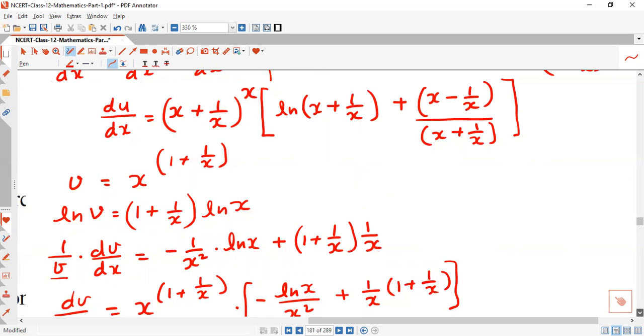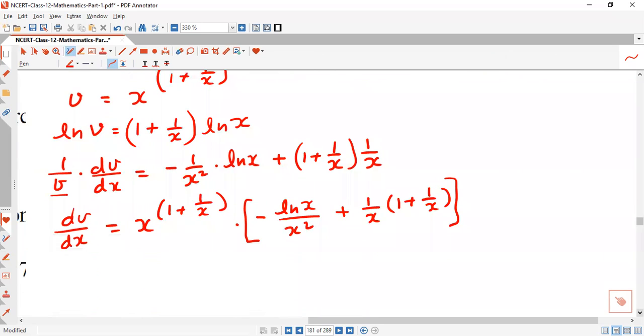right? If we combine this term x square with this one, take the x square, open these terms first. This x square is there, this x power is there. So I take this x square to the upper side. It becomes x raised to, with a minus sign outside, 1 plus 1 by x minus 2, into log x.